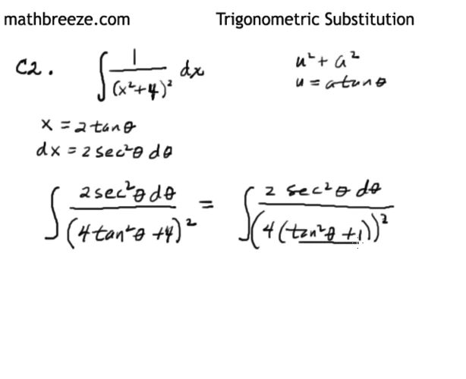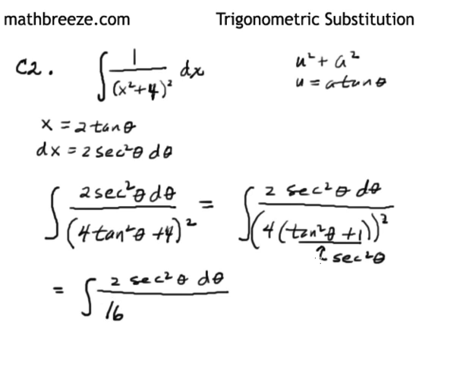So we're going to replace that with secant squared theta right there. All right, so let's see what do we have here. Again, 2 secant squared theta. And then here we have a 4, we'll square it, that's 16. And secant squared theta, we'll square that. That's secant to the 4th theta.